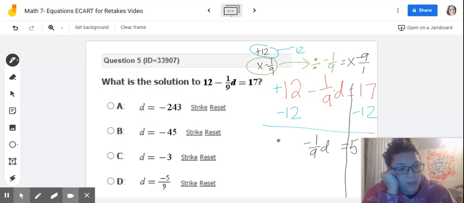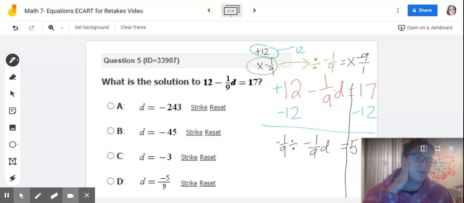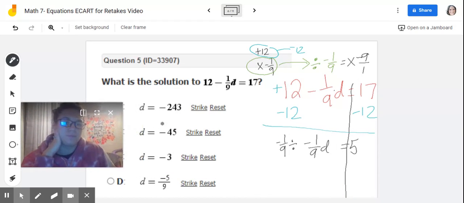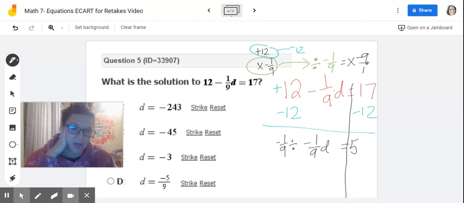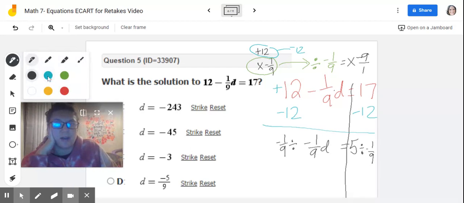Because if I do 1/9 divided by negative 1/9, that's kind of easy, that's 1. But if I did 5 divided by negative 1/9, I'm really going to flip it to times negative 9 over 1. If I put divided by negative 1/9 here, I can't actually do that on paper.